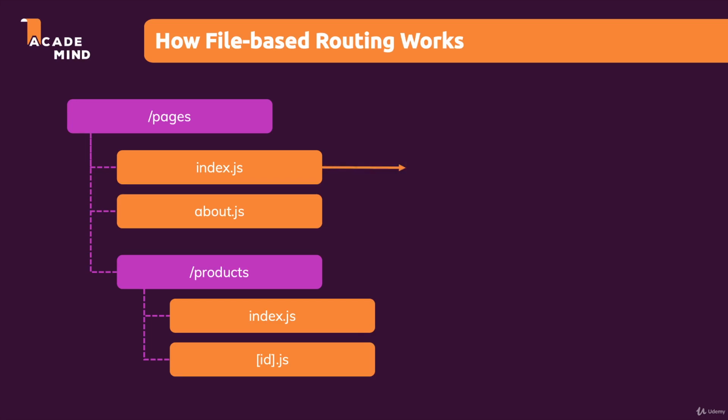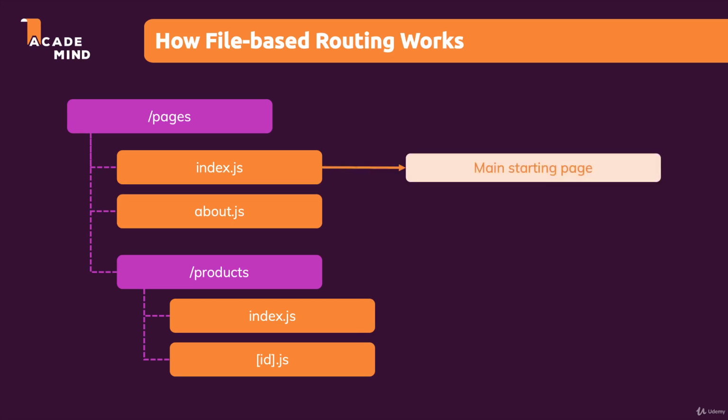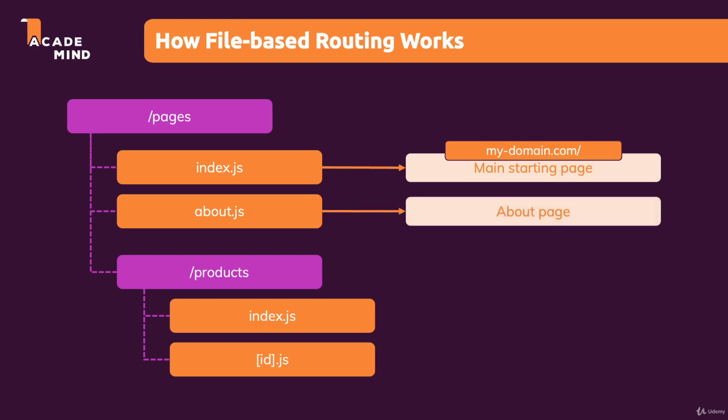For example, based on index.js, it would infer that this should be our main starting page for requests to our domain/nothing, so for an empty path. For about.js, it would infer that we, for example, want to load an about page here, so it would in the end just render the component returned in the about.js file, and it would load that component for our domain.com/about.